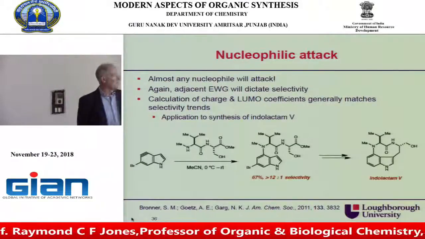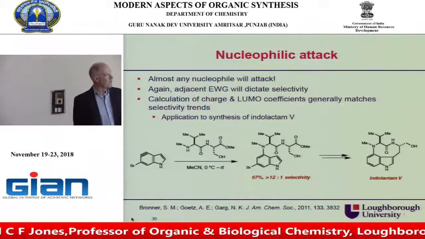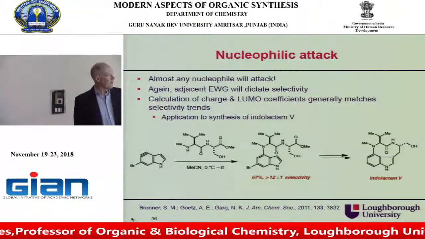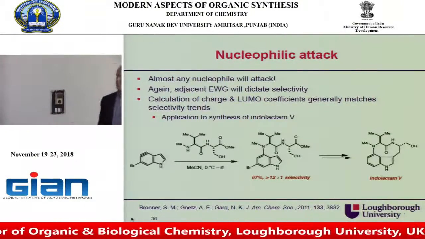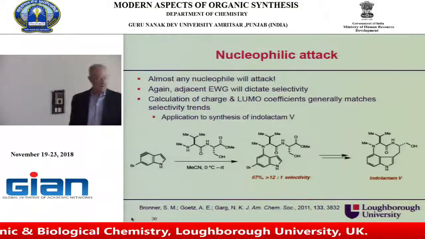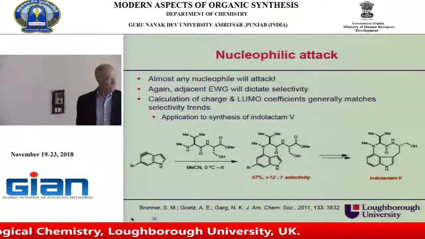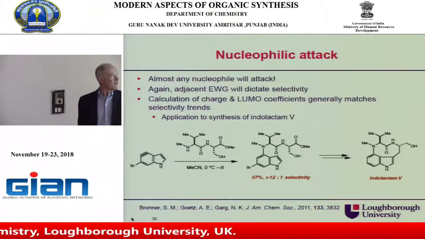I know what you're saying, you're saying the withdrawing group will withdraw electron density from there, but I'm saying that has a further polarizing effect on the alkyne. So 12-to-1 selectivity in that case.